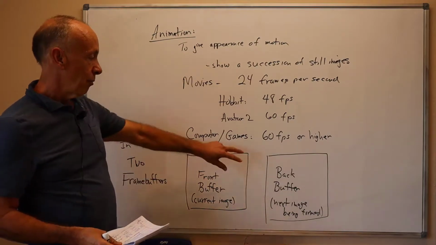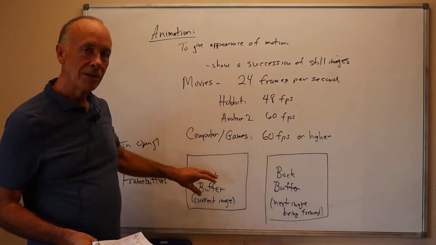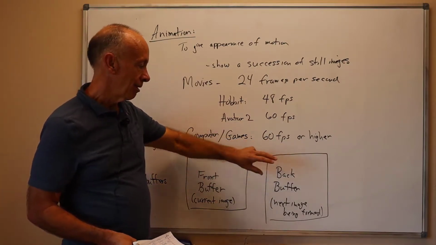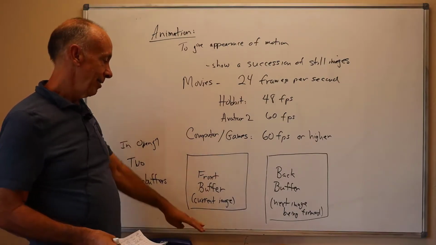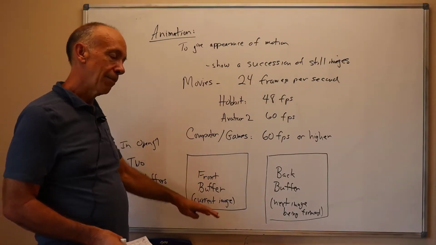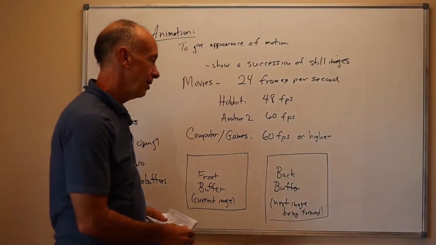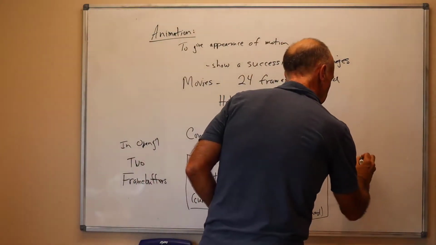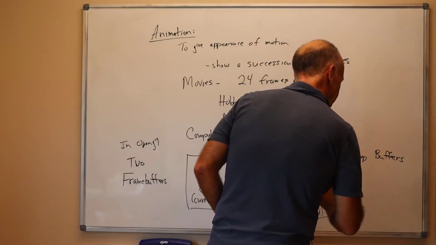And then once the next image has been formed, we swap the 2 buffers. The back buffer becomes the front buffer becomes the next back buffer. We clear the new back buffer, the old front buffer, out, and we start rendering the next image after that. So we swap buffers, which doesn't mean really that we swap the data in the buffers.